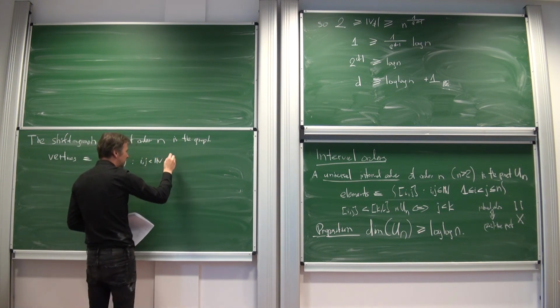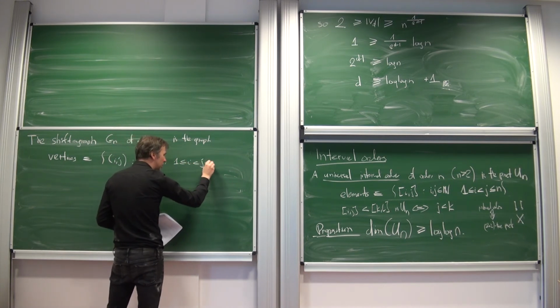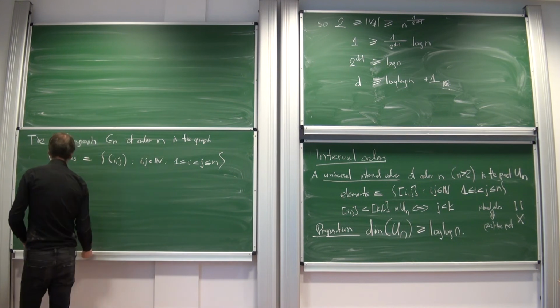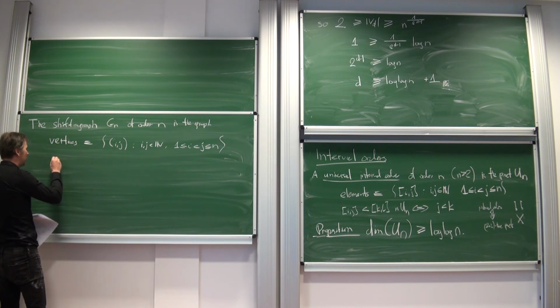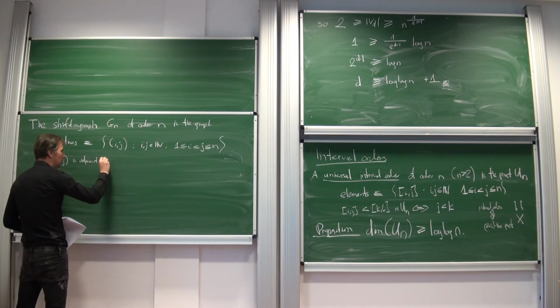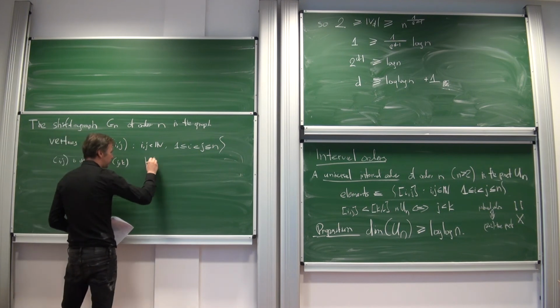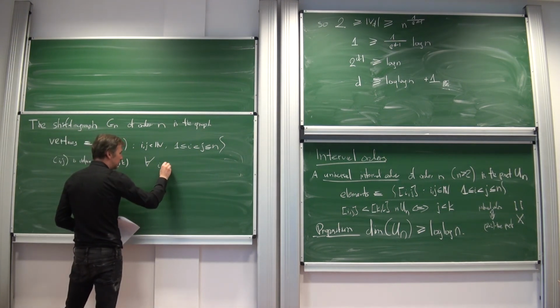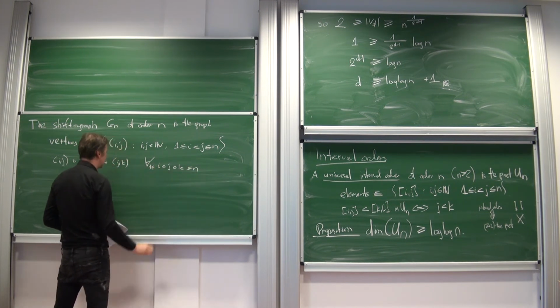So you can think of them as these intervals we had a moment ago, yeah? So i strictly less than j, the same set of objects, but now edges are exactly when [i,j] is adjacent to [j,k], for all i less than j less than k, k at most n.